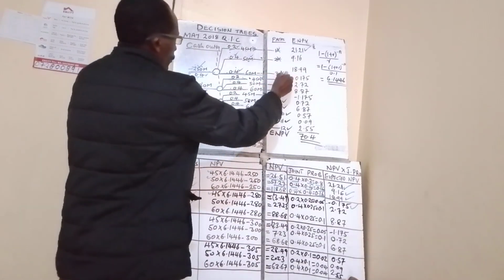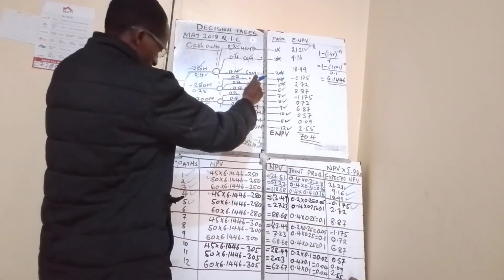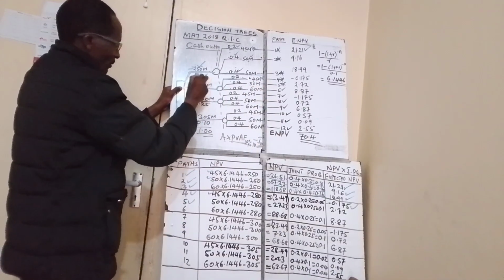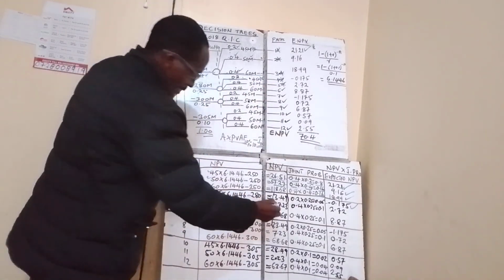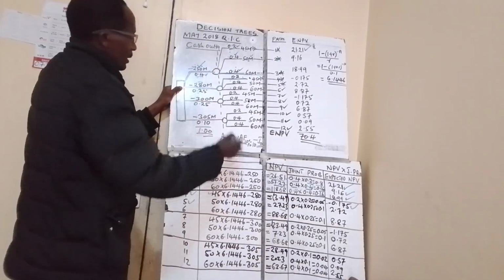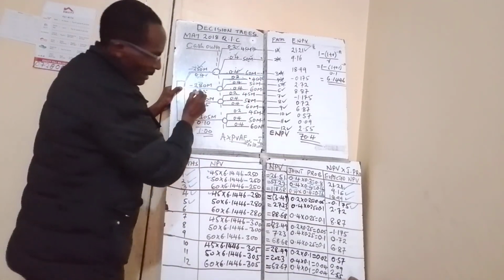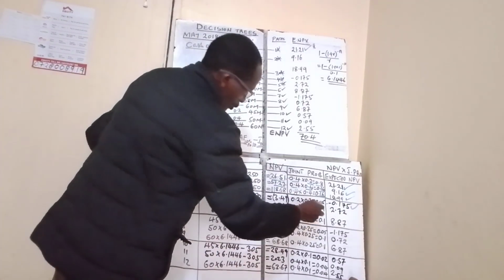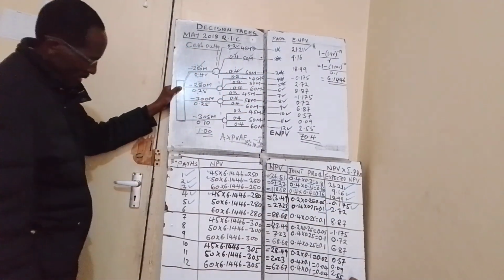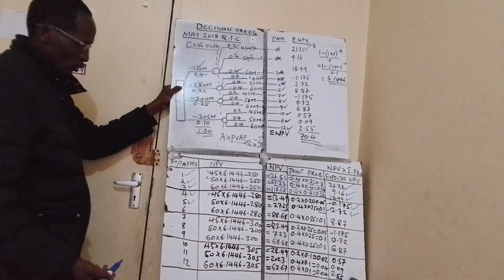Go to part 5. Part 5, 50 times 6.1446 minus 280. The same 280. You get 27.23. Joint probability is 0.4 times 0.25, you get 0.1. 0.1 times 27.23, you get 2.72.